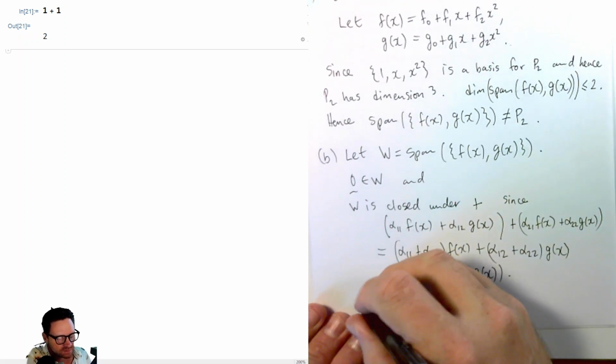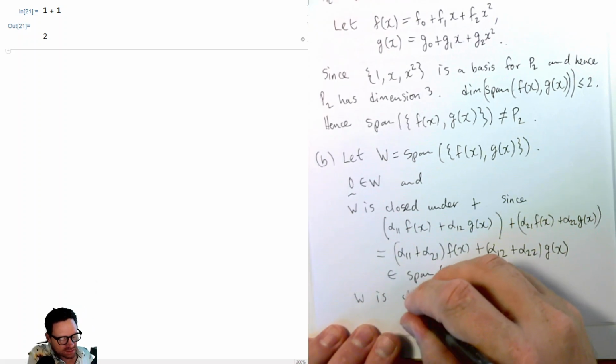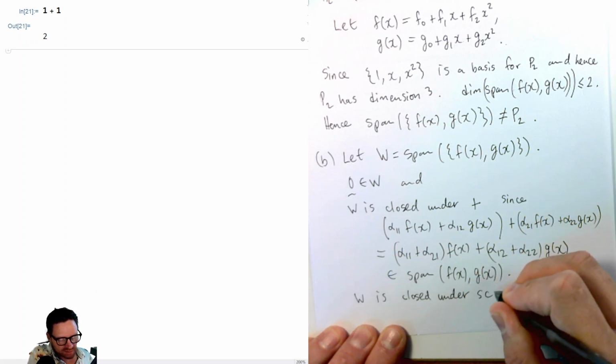Okay, also W is closed under scalar multiplication.